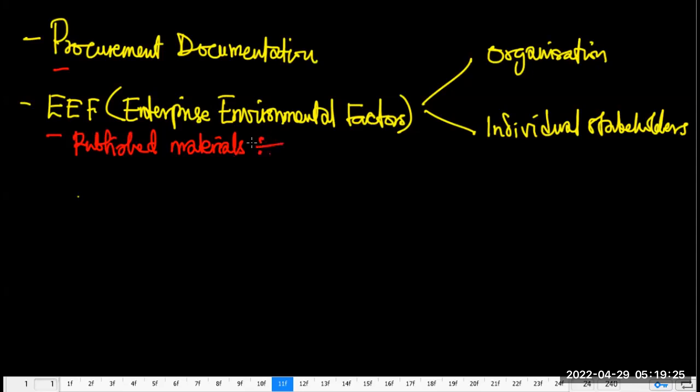Even if you check online, you can find some of these published materials that have identified risks in certain areas. Let's say banking, for instance. You can check online to see some of the risks that have been identified with respect to banking projects, right? And that is external to the organization.